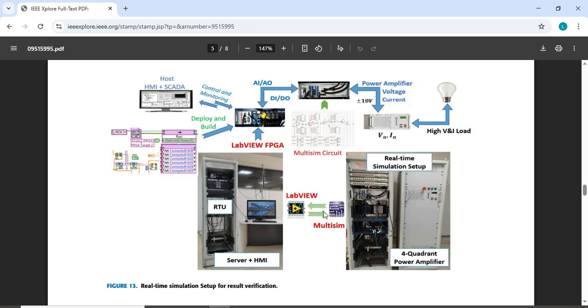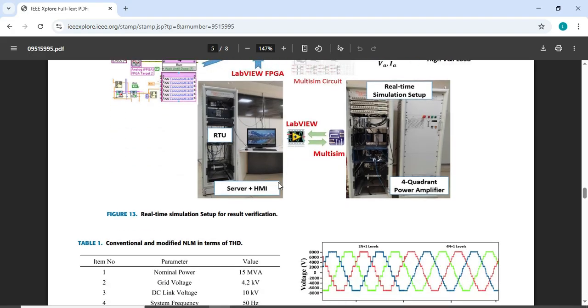We can also deploy the MATLAB model, but due to the co-simulation I did it using LabVIEW and Multisim, and later on I used the same model to be deployed on the RT HIL simulation setup.